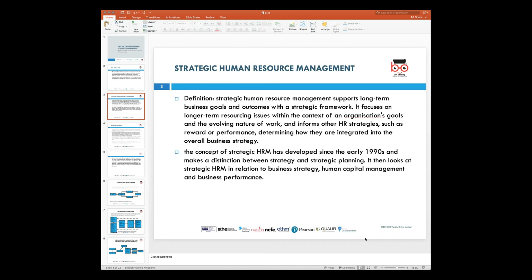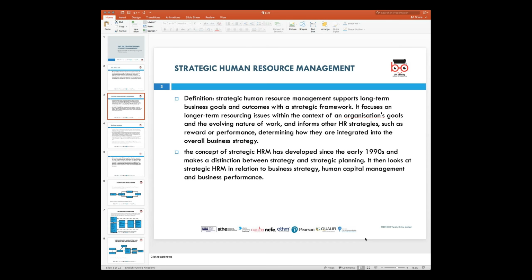So this concept of SHRM, which was initially developed in the 1990s, has made a distinction because it combines the HR function of strategic planning, as we say, human resources planning, and marries the company strategy into this particular role of SHRM.